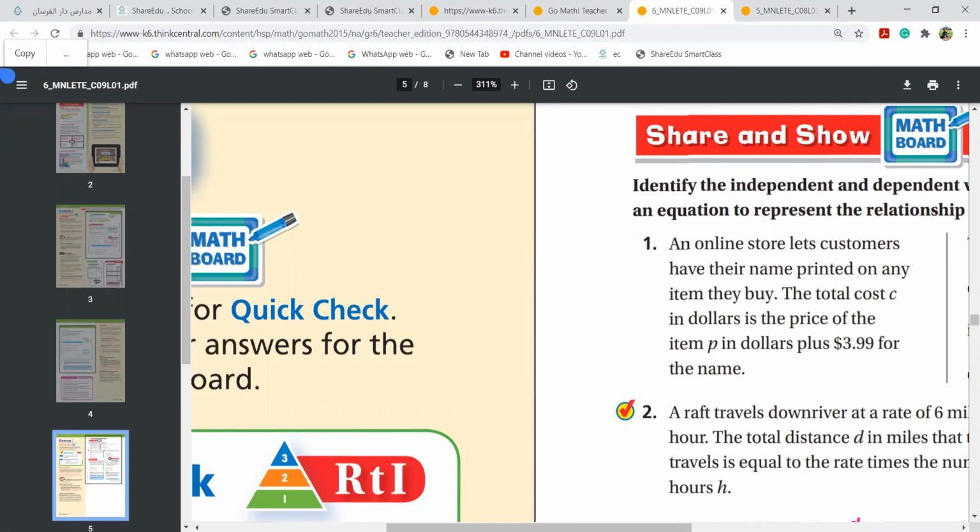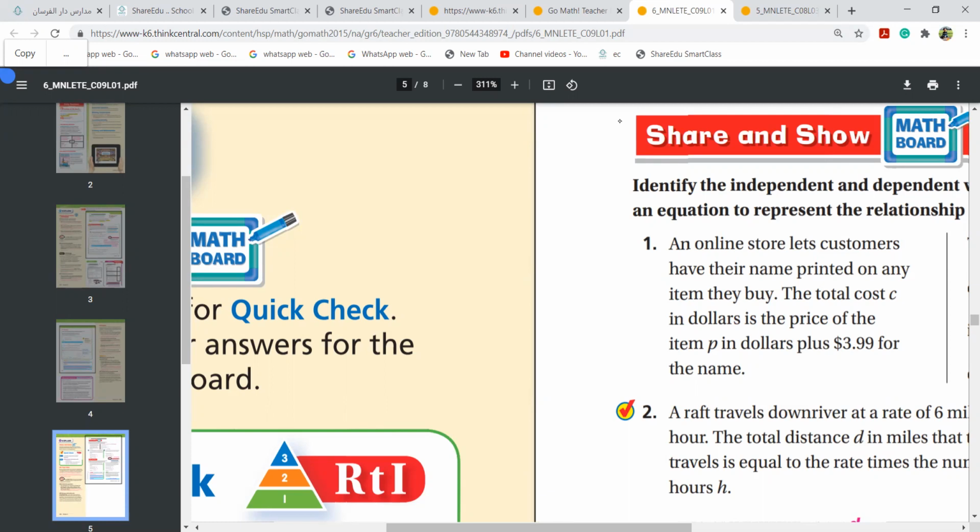Now, for example, you went to an online store. They want you to get your name printed on any item you buy. It's your wish to buy any item. Let the item be M. You can buy a cup, a bracelet, anything.